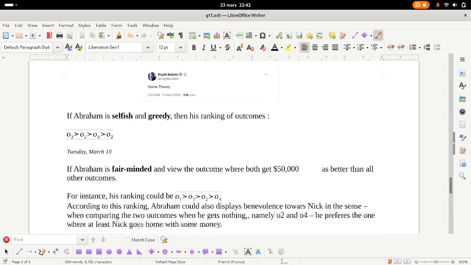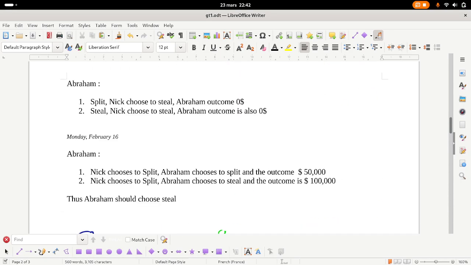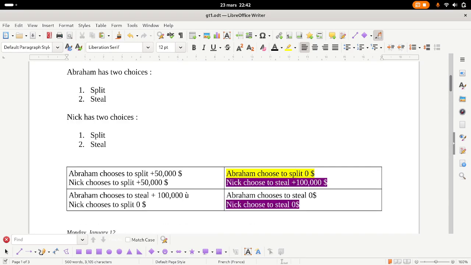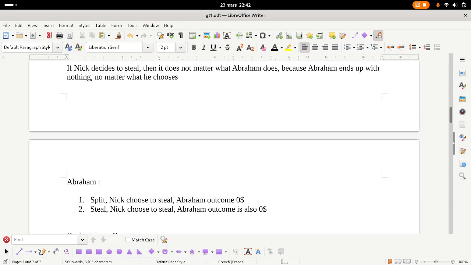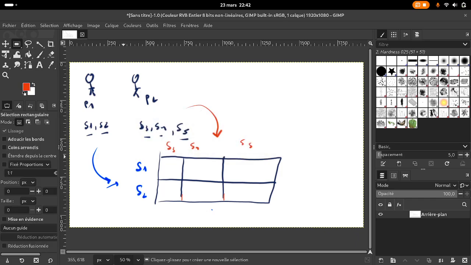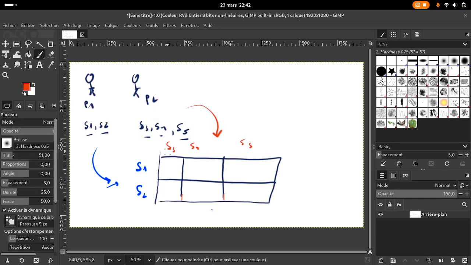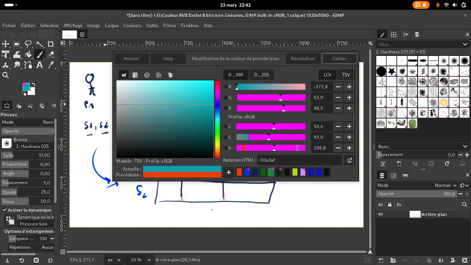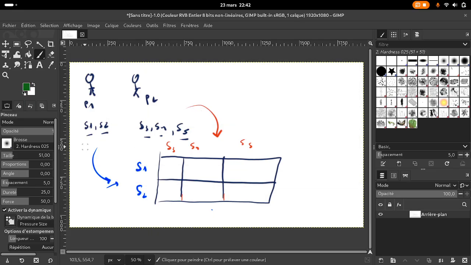Coming back to our first example, for player 1, S1 has an outcome of O1, S2 has O2, and the outcomes for S3, S4, S5 are O3, O4 and O5.